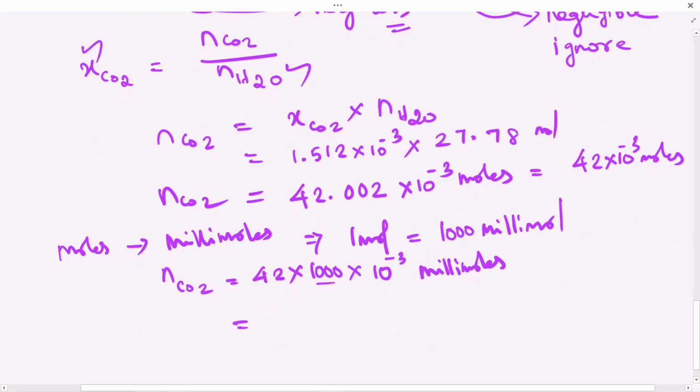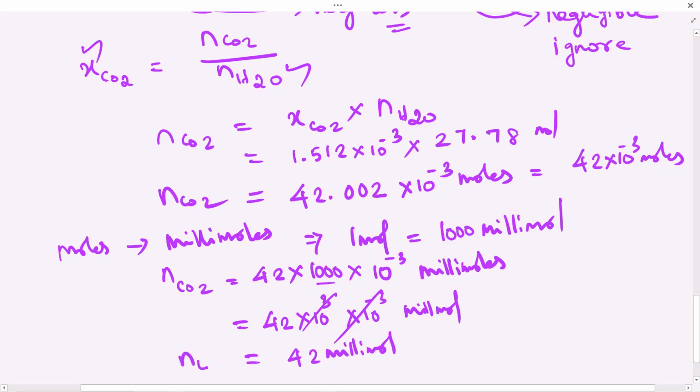So this can be written as 42 into 10 to the power of 3 into 10 to the power of minus 3 millimole. Right? So these two get cancelled. That is equal to 42 millimole. The number of moles of CO2 is 42 millimole.